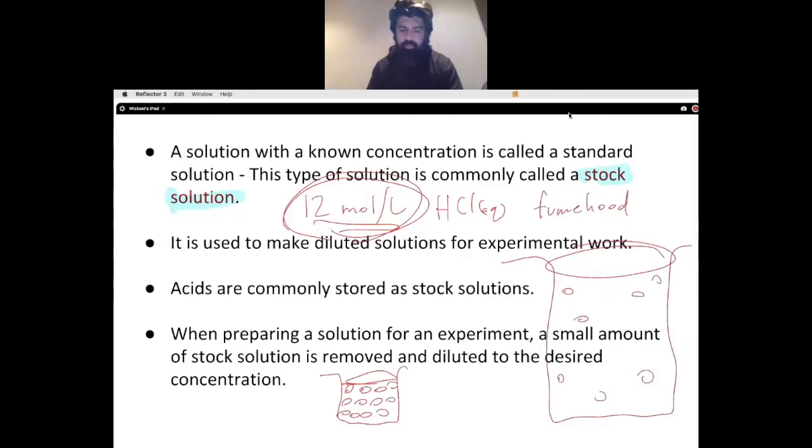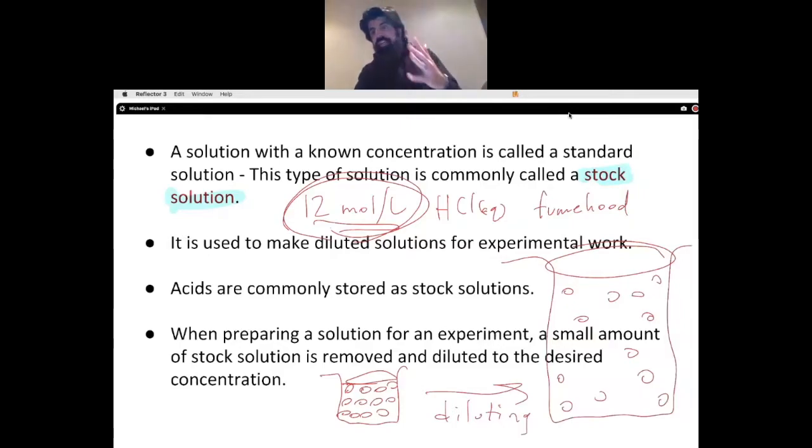Notice here, when we're diluting, we're spreading out that concentration with water. So we're softening the strength, the concentration, of an acid, of a base, of some kind of chemical.